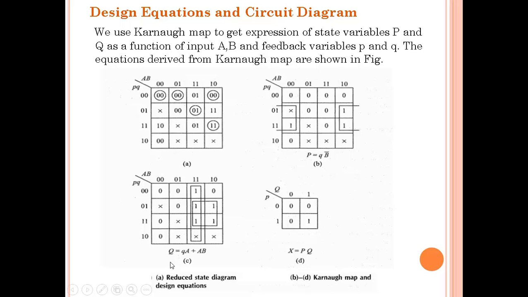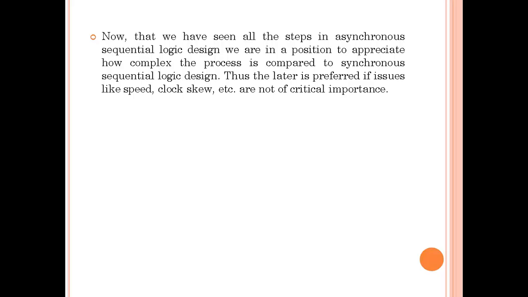We have Q is equal to Q A plus A B. Find the value of x from PQ. It becomes x is equal to PQ. Make the circuit diagram from this. These are the various design steps of the asynchronous sequential logic circuit.